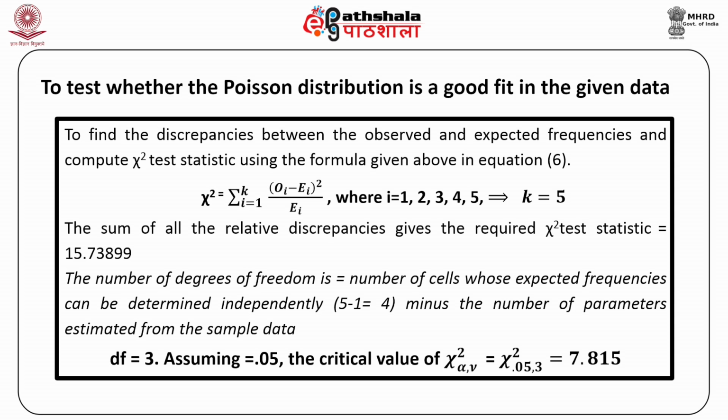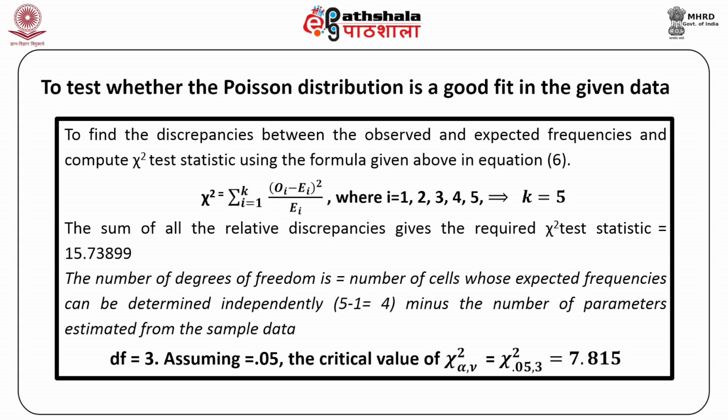Chi-square is equal to the summation of i from 1 to k of (Oi minus Ei) whole square upon Ei, where i, as we said, is equal to 1, 2, 3, 4, 5, and k is equal to 5 in this case. The computation of the discrepancy between the observed and expected frequencies, the squared discrepancies and the relative discrepancies are all shown in columns 6, 7 and 8 respectively in our table 4.